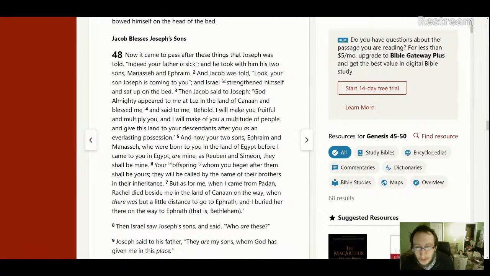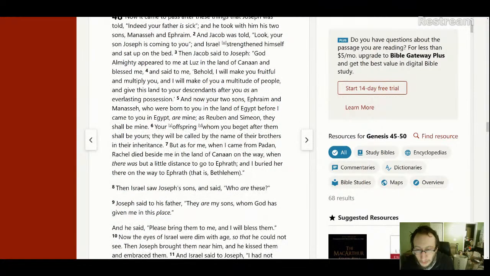Then Jacob said to Joseph, "God appeared to me at Luz." So Jacob is talking to Joseph about his life. And then it says, "Now your two sons who were born to you are mine, as Reuben and Simeon, they shall be mine. Your offspring whom you beget after them shall be yours. They will be called by the name of their brothers in their inheritance."